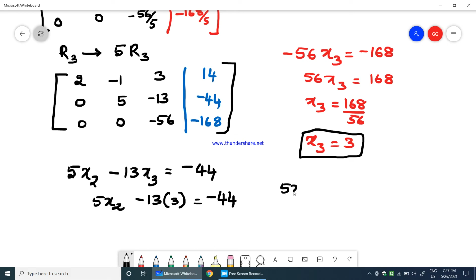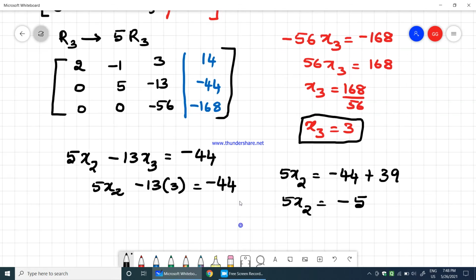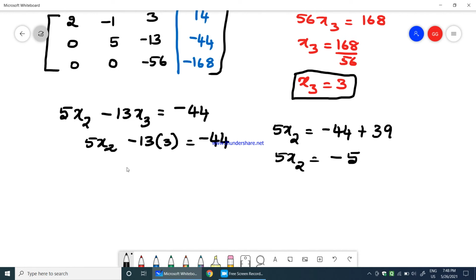Therefore 5 times x2 equals minus 44 plus 39, because 13 into 3 is 39. Therefore 5 times x2 equals minus 5. Finally, we get x2 equal to minus 1. This is the second solution.